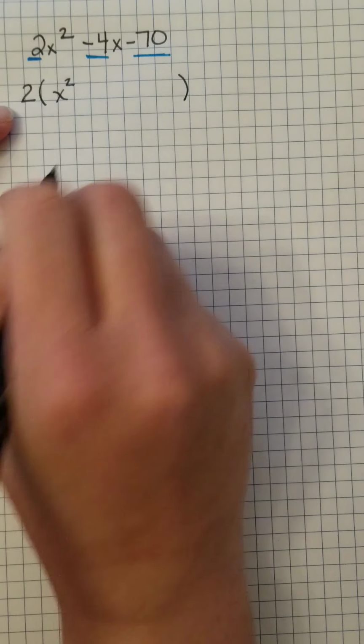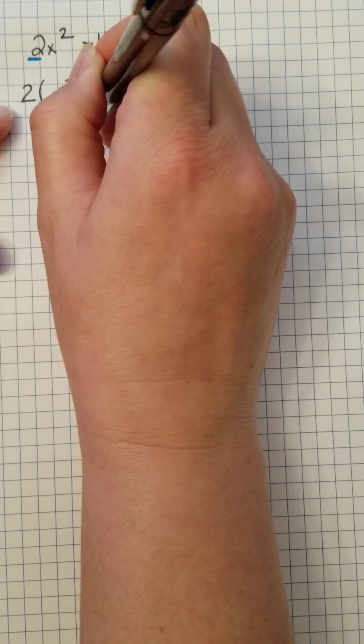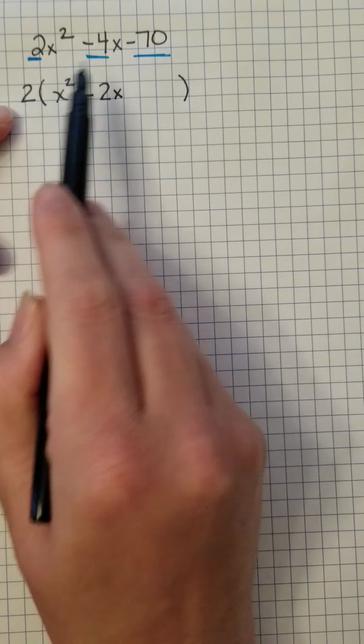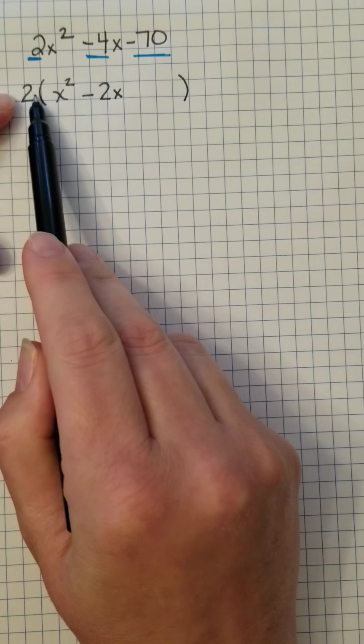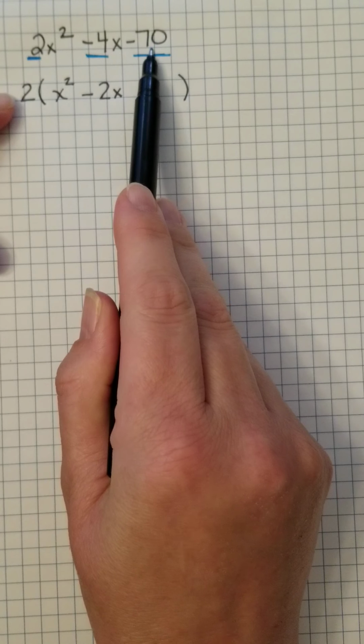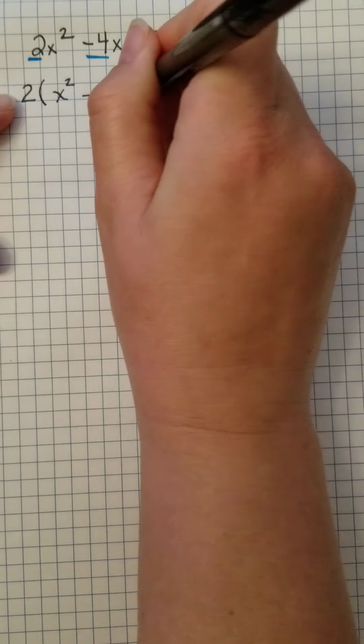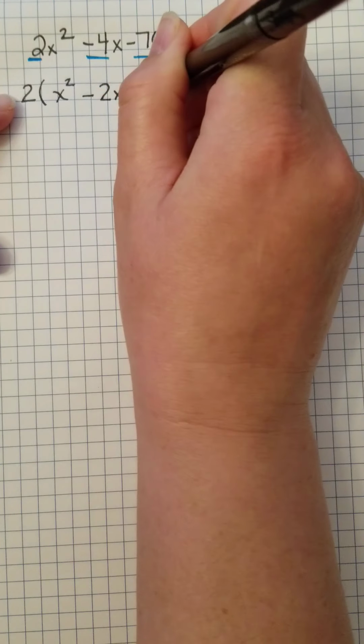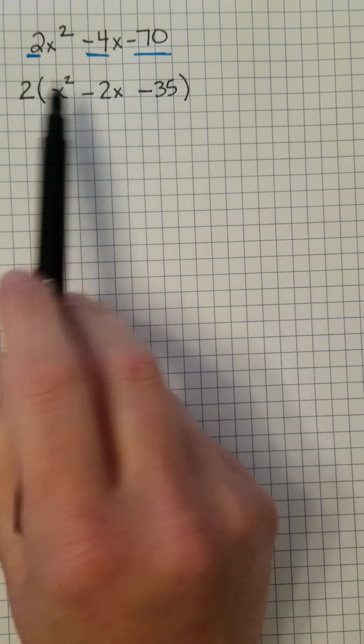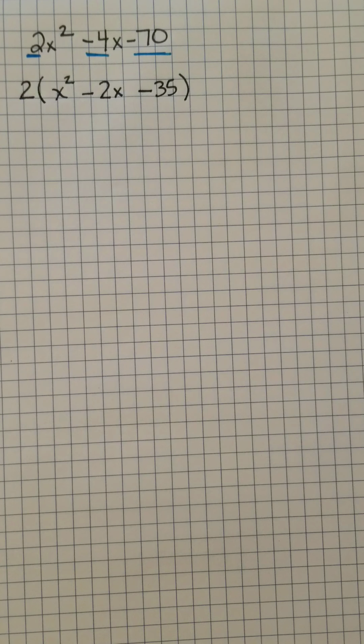Well, 2 times -2x will give me -4x. And then 2 times what will give me -70, and that would be -35. So I've got 2 on the outside. If I were to distribute that, I would be right back up to this 2x squared minus 4x minus 70.